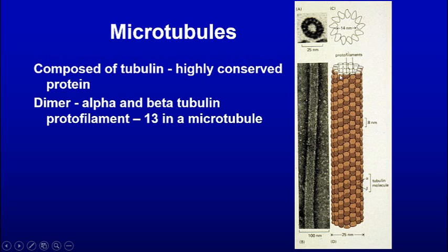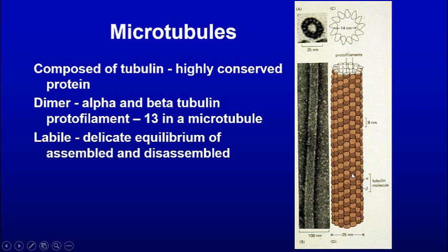So there's 13 of those protofilaments that come around through there, and each is composed of alpha and beta dimer. These ones are labile microtubules in that they associate and disassociate and perform their functions by whether or not it's associated intact or it's broken up.